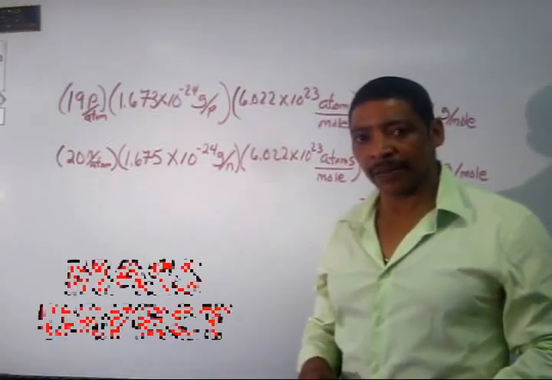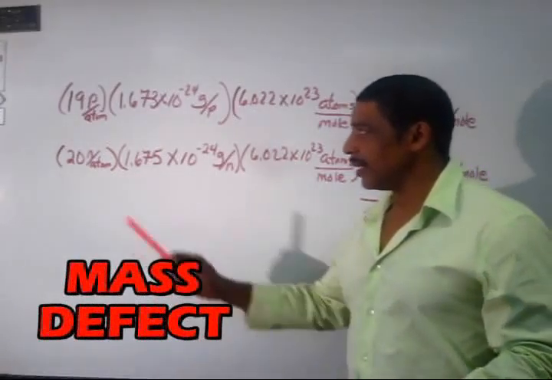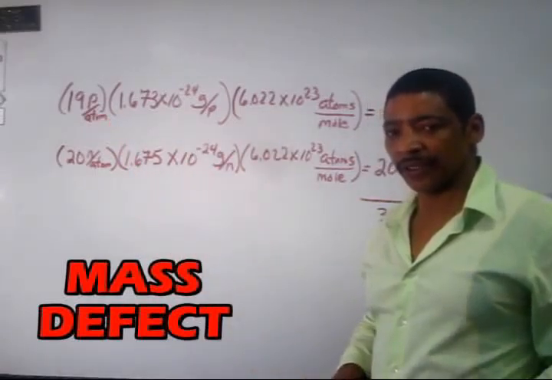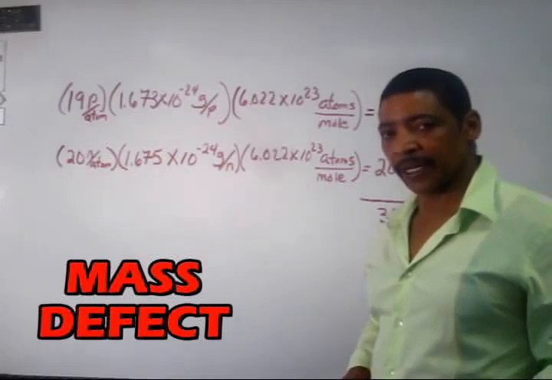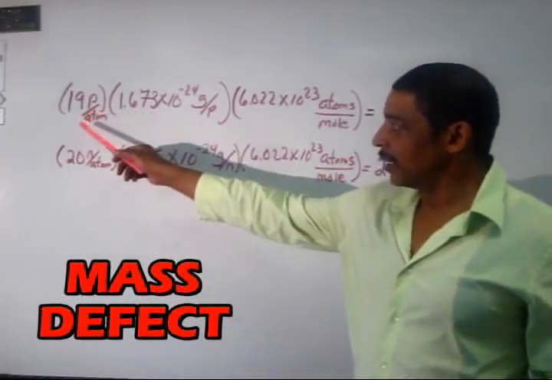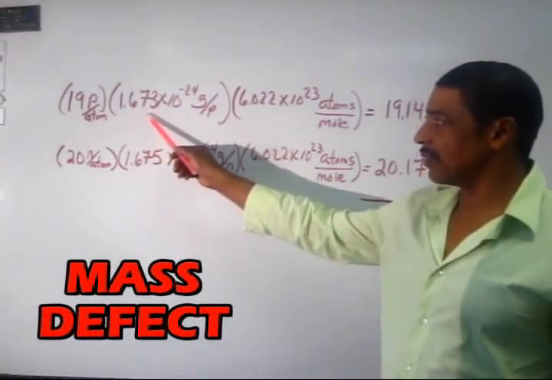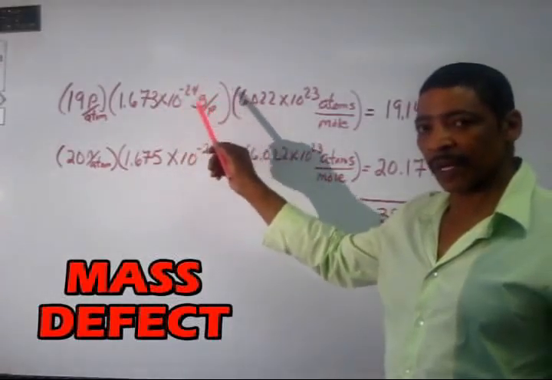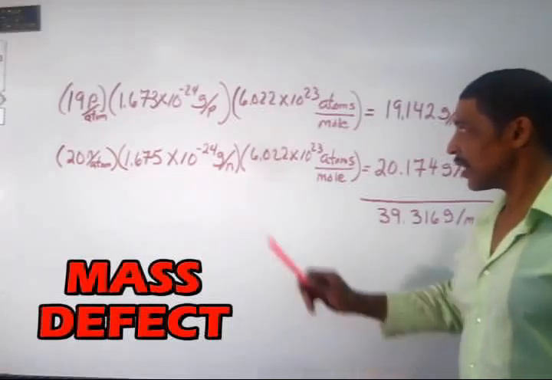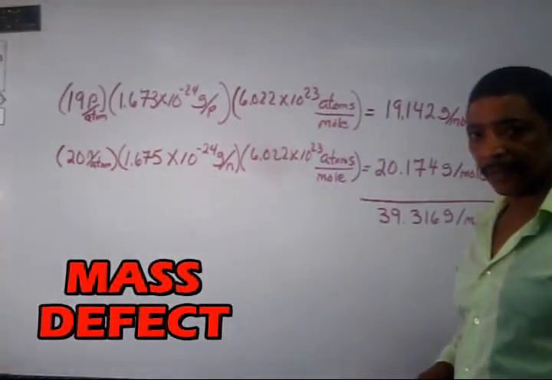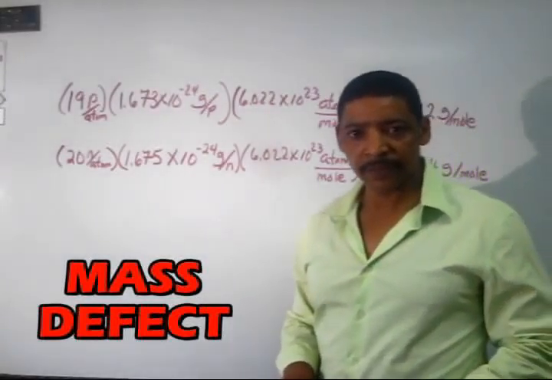Consider the element potassium, where potassium contains 19 protons and 20 neutrons in its nucleus. The mass contribution from the protons may be calculated as follows. 19 times the mass of the proton, which is 1.673 times 10 to the minus 24 grams per proton, times Avogadro's number, which will indicate the number of particles per mole.